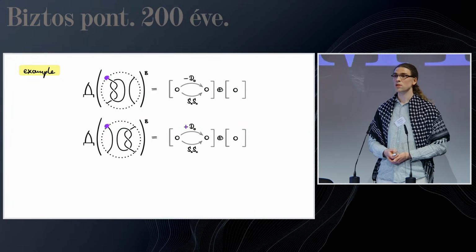These two chain complexes are not isomorphic. They're not even chain homotopy equivalent. It doesn't prove that these two things are different, but it's an indication that something interesting is happening here.